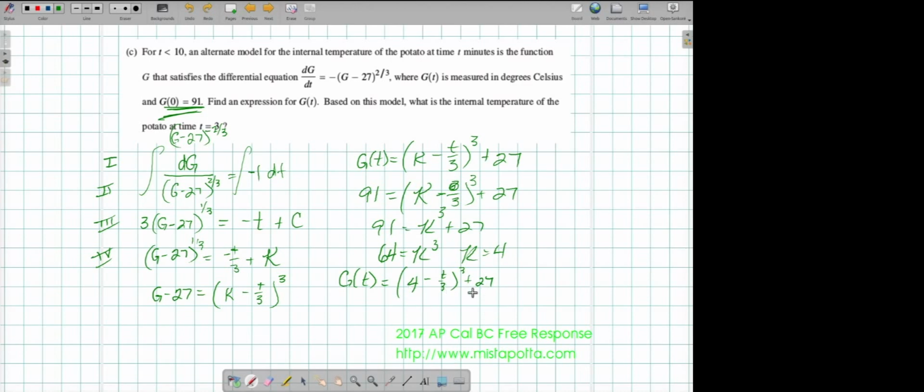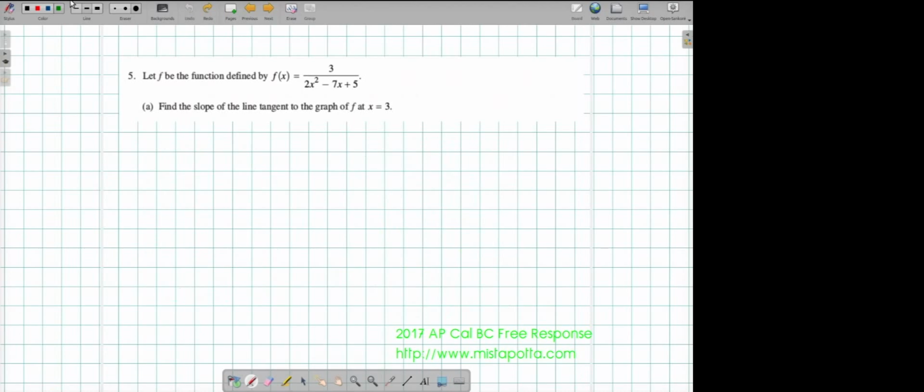And then I can just go in here and substitute what happens at t equals 3. So I get (4 minus 1) cubed plus 27, which ends up being 54 degrees Celsius. Now, keep in mind that we were talking about the previous answer that we had being an overestimate, so we've got another one here.